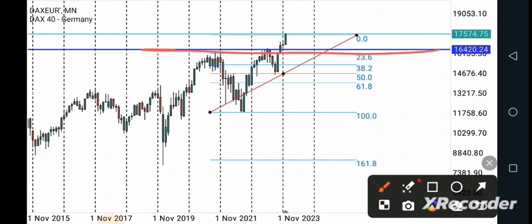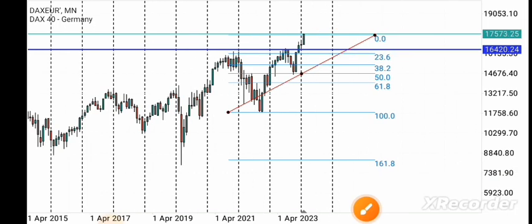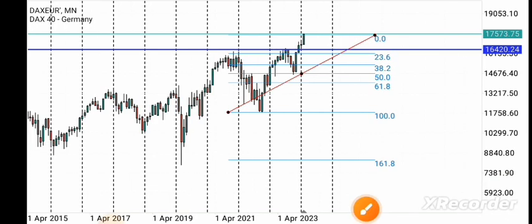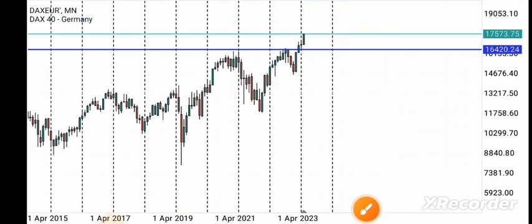So as I said, a lot of institutions will be coming in at that level to potentially move the market up. But as far as Fibonacci goes, at this point, we don't really have any numbers that align with that level, except for the 23.6% maybe. So we can just delete and disregard Fibonacci.